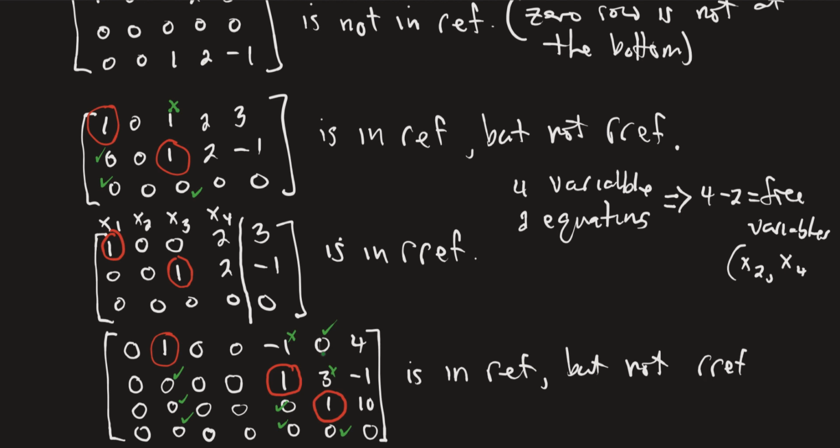And once you're in an echelon form, it means that writing down the solution or obtaining your solution set is just a few steps away. And the more reduced the echelon form is, like RREF, the easier it is to write down the solution set. So even though this seems like kind of an abstract definition, it's still tied back to linear systems and how we can express the solution.